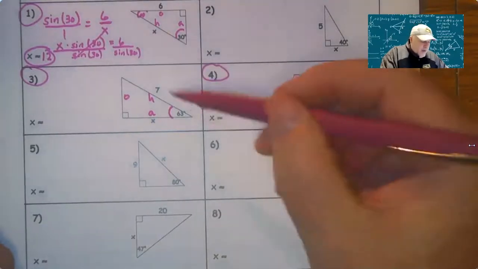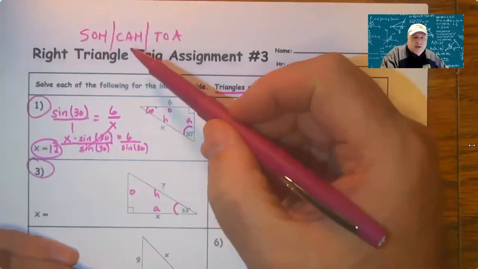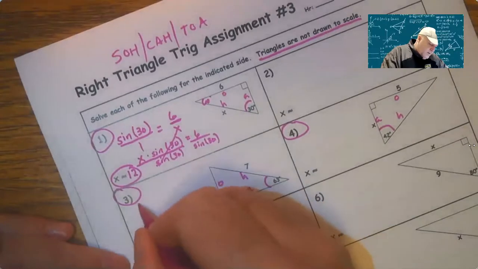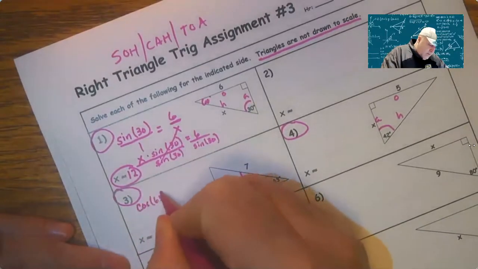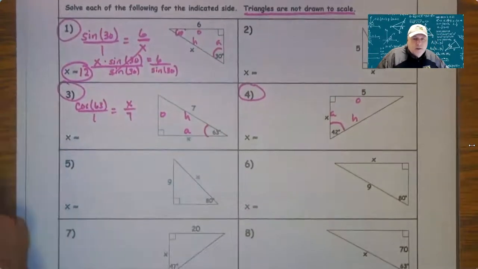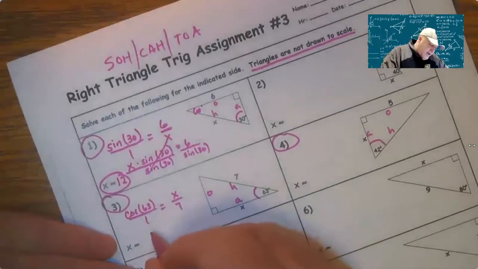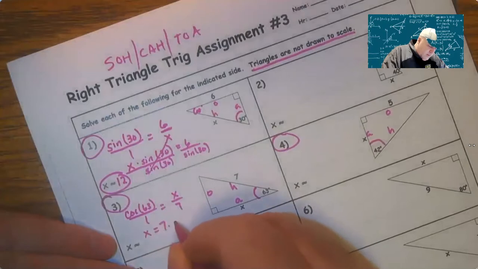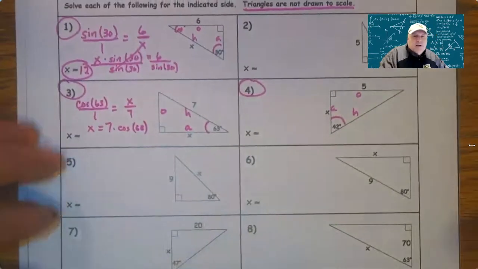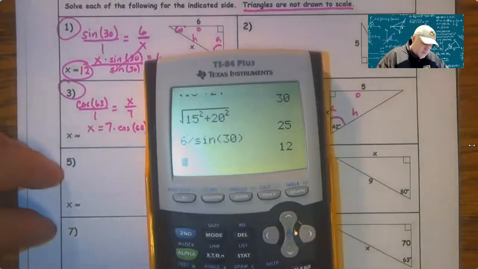What to use? You have the A and the H with the X and the 7. That's cosine. Okay, so cosine 63 equals X over 7. And then cross product. This time you do not have to divide. It's just 7 times cosine 63.